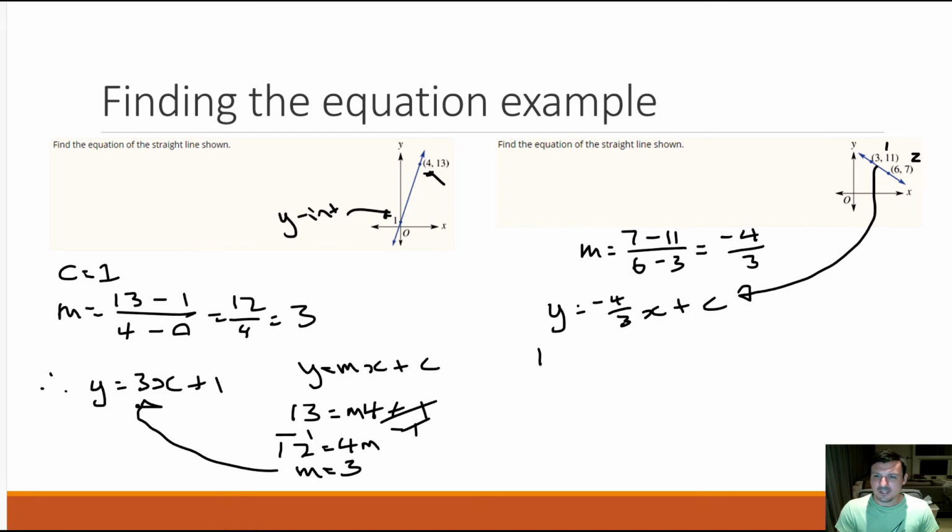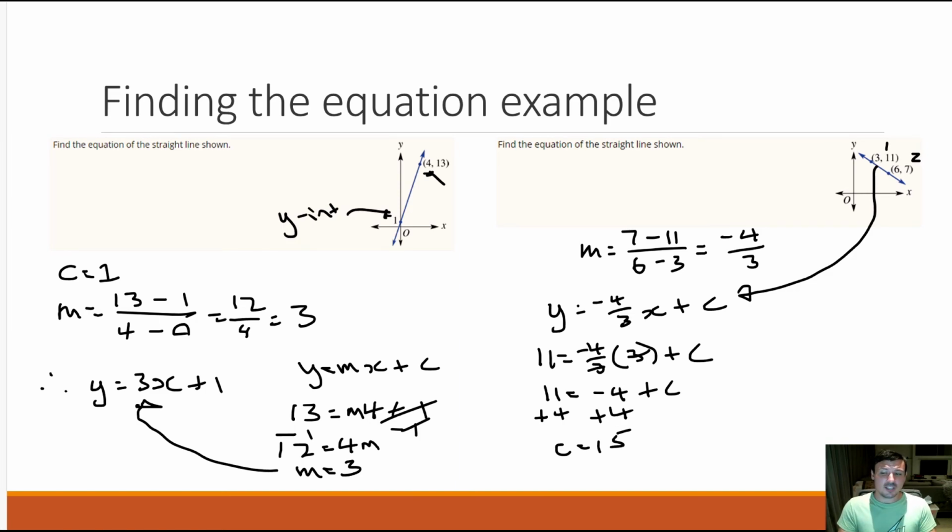So we're going 11 equals negative 4 thirds times 3 plus c. These are going to cancel out to leave negative 4 plus c. Add 4 to both sides, and we get c equals 15.